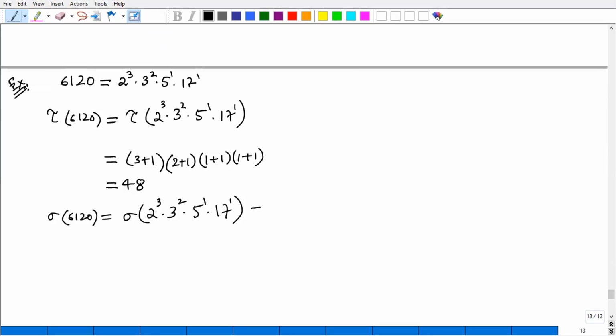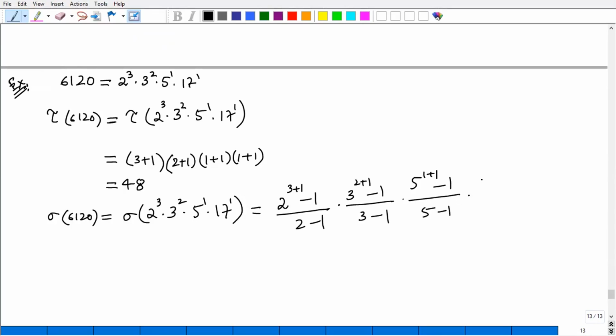If we apply the formula here, we get (2 to the power 3 plus 1 minus 1) divided by (2 minus 1), times (3 to the power 2 plus 1 minus 1) divided by (3 minus 1), times (5 to the power 1 plus 1 minus 1) over (5 minus 1), times (17 to the power 1 plus 1 minus 1) over (17 minus 1).